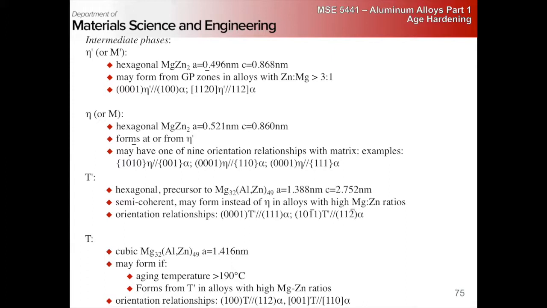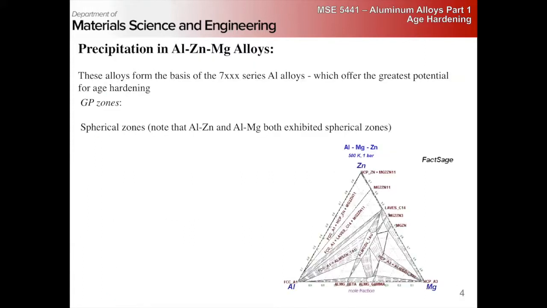The idea I want you to come away with is that in these aluminum, zinc, magnesium alloys, I've got a whole bunch of different phases. I've got a really complicated phase diagram when I think about how to optimize this or what phases are going to be present. My processing is going to be really sensitive, because I'm going to have all these different phases coming in and out depending on the temperature and what's been done to it previously. Those are the kinds of things I want you to think about, not memorize what phases are there and what their compositions are, because you can look that stuff up in a handbook.